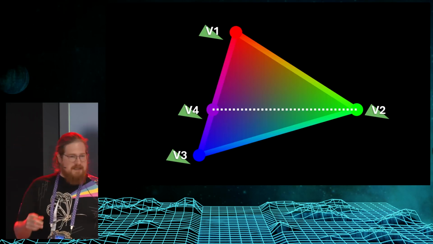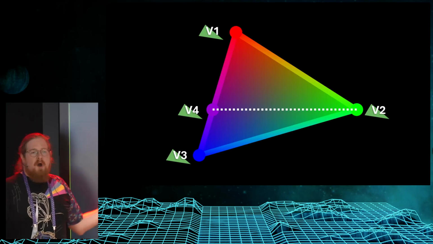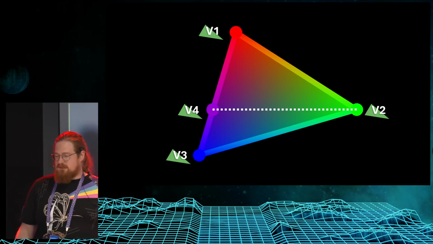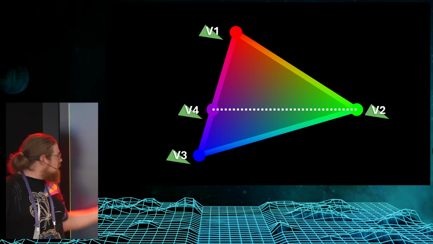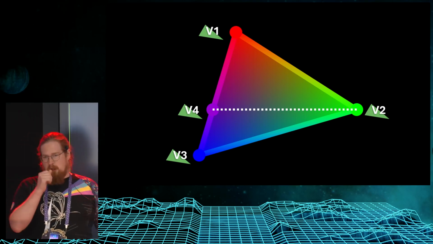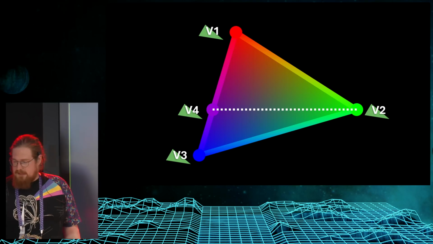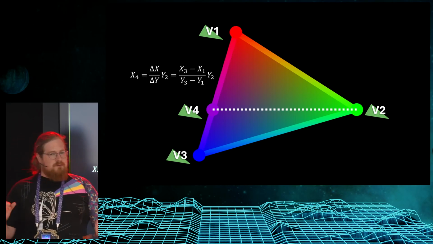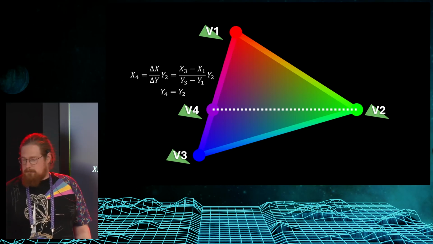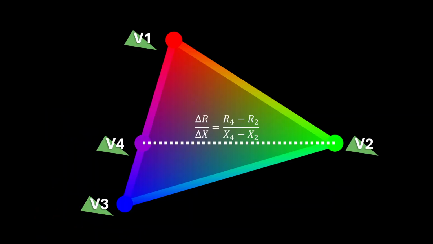So what I do is I take the widest point of the triangle, basically, compute an additional vertex along the tallest line, V4, and then I can compute the gradients as before for the color horizontally.